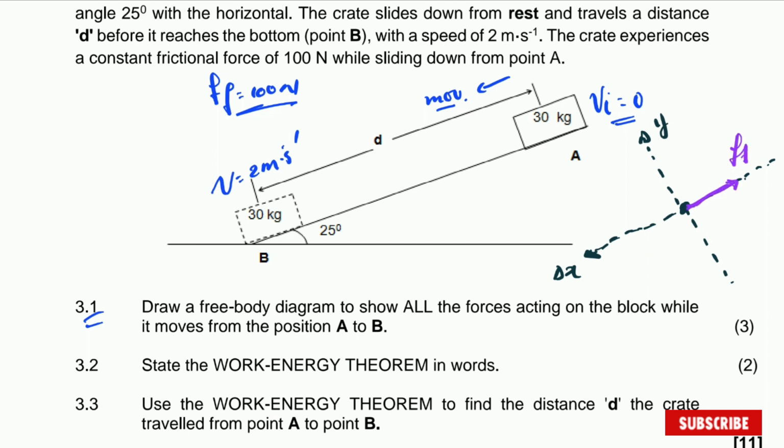This one is a frictional force. We have the normal perpendicular to the surface. Be careful with the normal, guys. People tend to get confused there. And then finally we have the weight all the way straight down, and this one is the free body diagram.